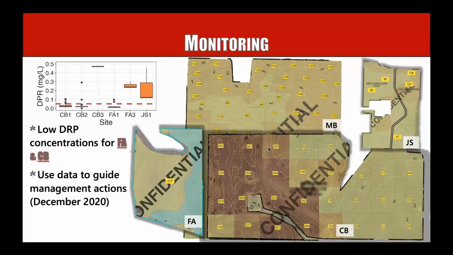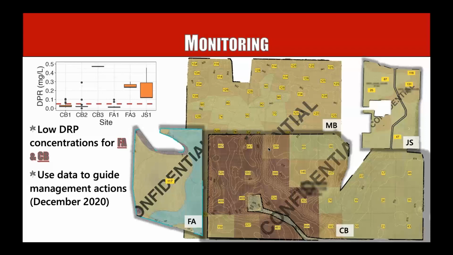And then I mentioned earlier on that there's a few sites where we are only monitoring right now. The reason for that is because while some of these sites have relatively high soil test phosphorus values, we're just not seeing the runoff concentrations that we thought we would that really mandate management.